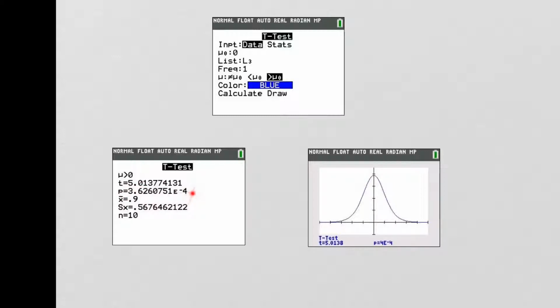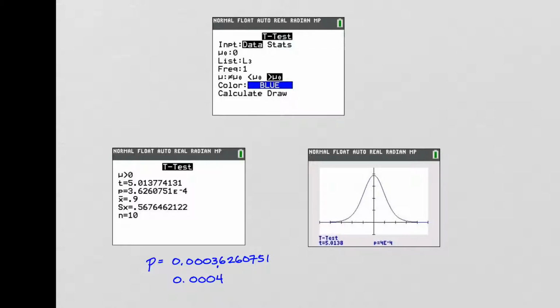Now notice that my p-value is in scientific notation. Don't say that your p-value is 3.6261, right? Because we're rounding that to 4 places. This says E negative 4, which means that actually your p-value is 0.00036260751, and we can round that to 4 places, and that's going to turn out to be 0.0004.